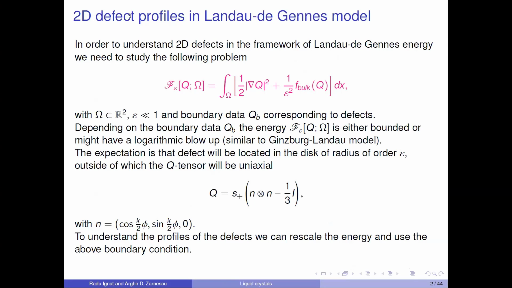So this is the energy that we want to study, with omega in the 2D domain. And here you can put epsilon to be in line with the Ginzburg-Landau paradigm. And you are interested in studying such a thing when epsilon is small.